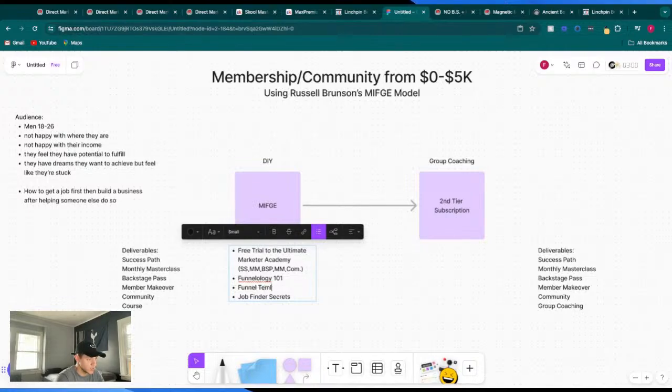And just in the back of my head, what I'm thinking here is, all right, they don't know what funnels are just yet because they're super beginners. Let's include funnel templates. They probably don't even know what the word funnel is.